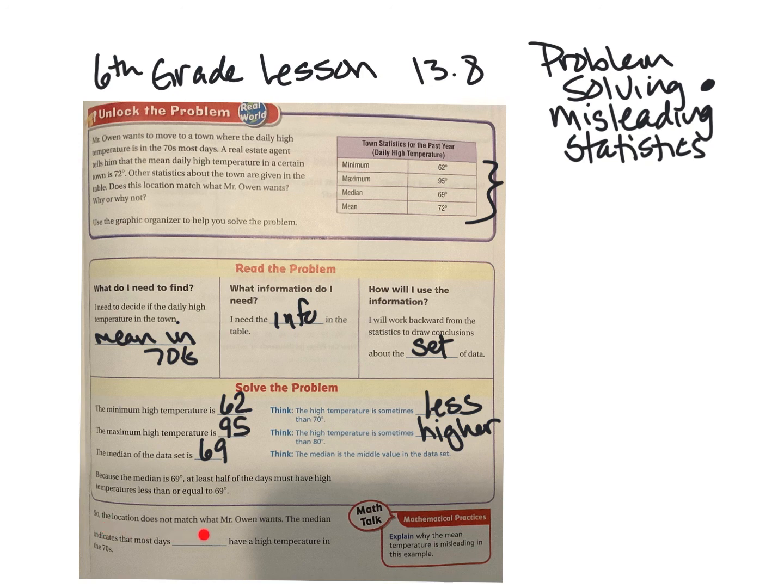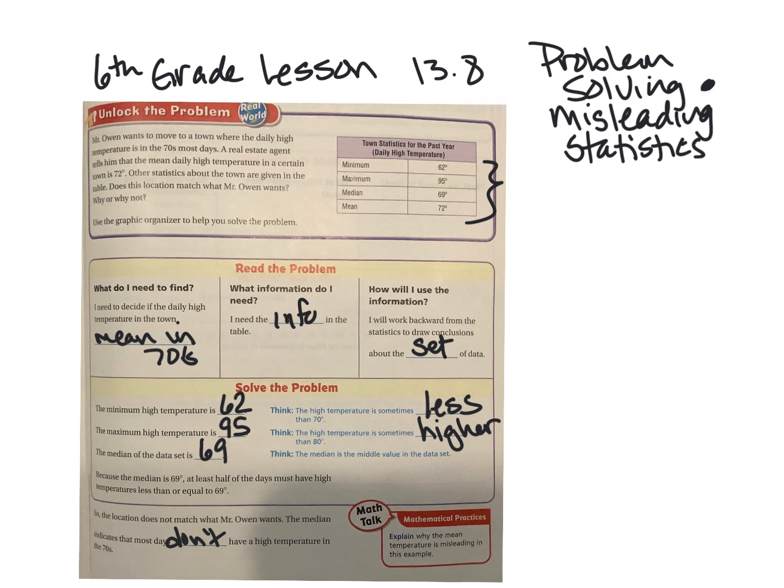So this location does not match what Mr. Owen wants. The median indicates that most days don't have a high temperature in the 70s. At least half of them have a temperature below 69. And then for the other half, we know at least one of them is above 80 degrees.